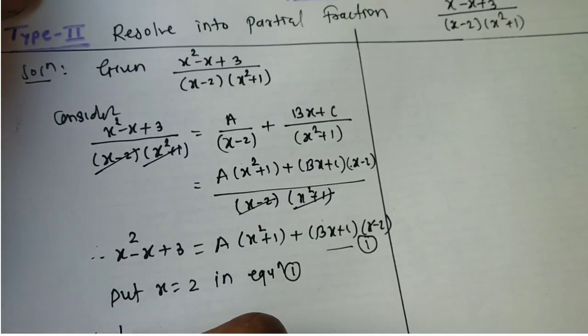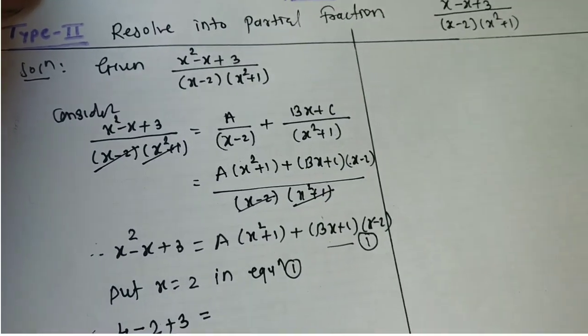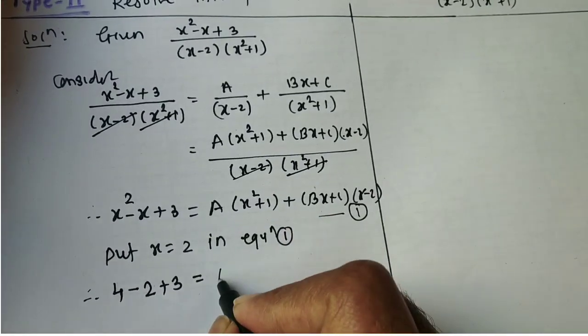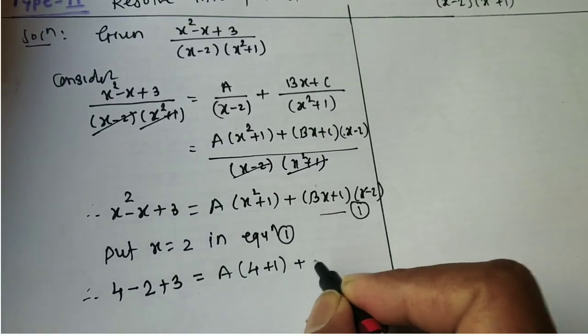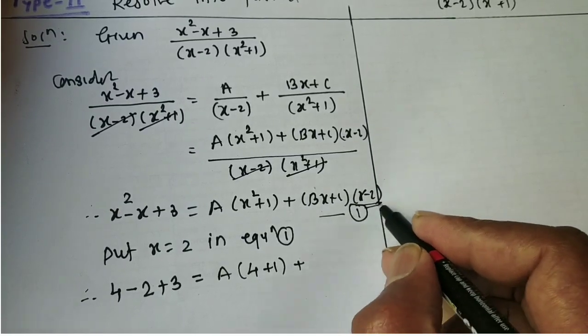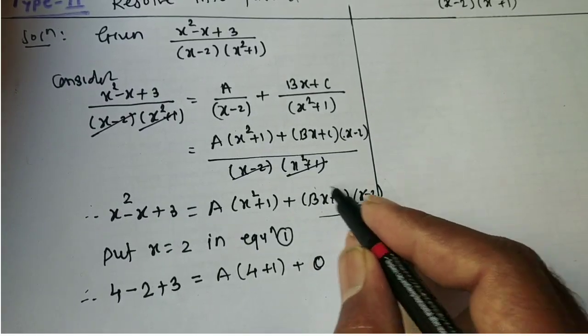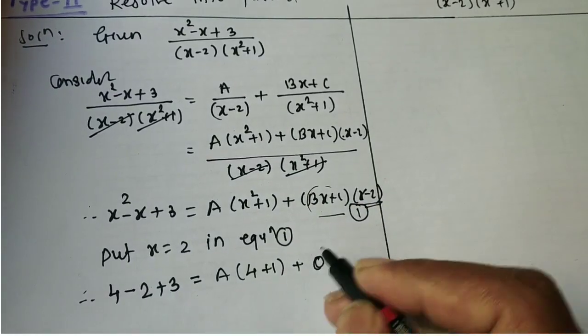So what will you get here? 2 square, which is 4, minus 2 plus 3, is equal to A into 2 square, which is 4, plus 1, plus the second term. If you put x equal to 2 there, 2 minus 2 gives you 0, and 0 into everything is 0, so the whole term gives you 0.